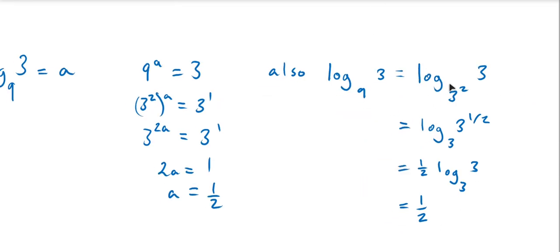But we also saw a little trick about how to take powers in a base and bring them up as a reciprocal power into the argument. And that we could bring out front because of the power property of logs. Log base 3 of 3 is just 1, and boom, there's another way to get a half. So a few different ways to do this nicely and show your work.